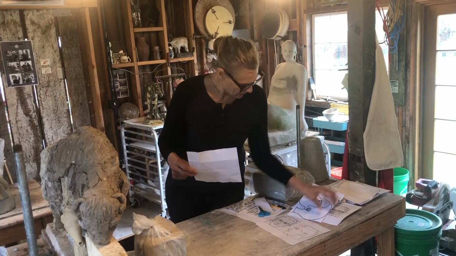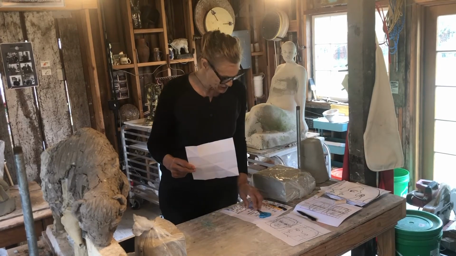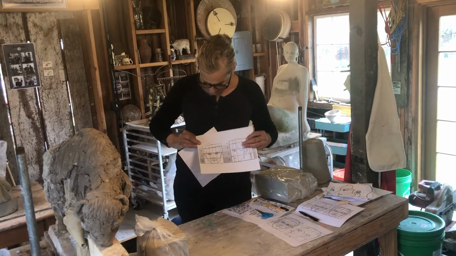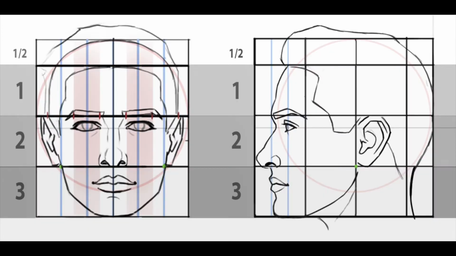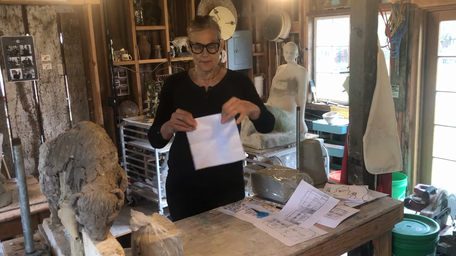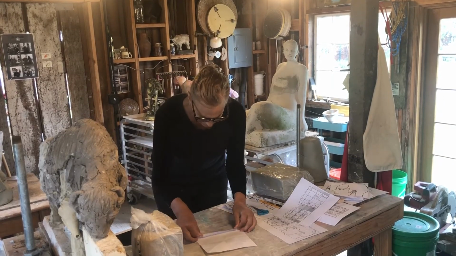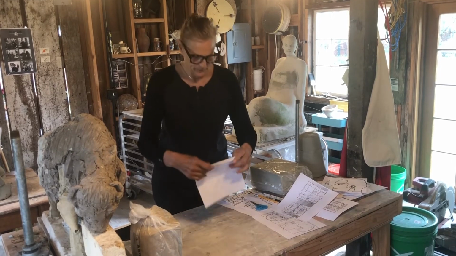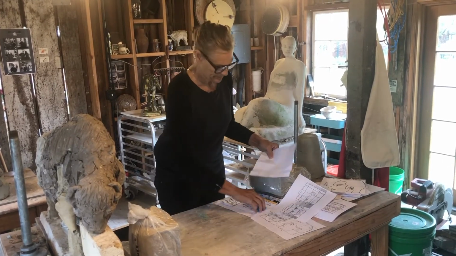Now, if you notice on our illustration, we actually have 3.5 squares. So we have to get rid of half of the square from the top, and on the side we also have 3.5 squares. So we're going to get rid of half a square at the back. So choose one side, and I'm going to take that row and fold it in half.